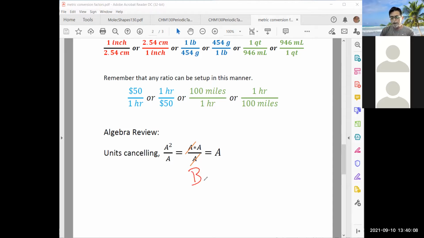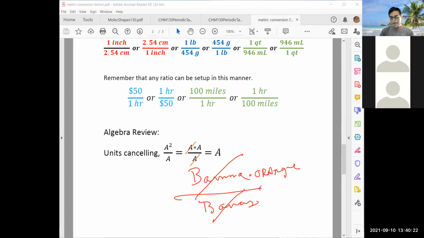If I have bananas and I divide by banana, guess what? They cancel. If it's banana over orange, then the unit I have left over is orange. So down the road, keep track of your units.